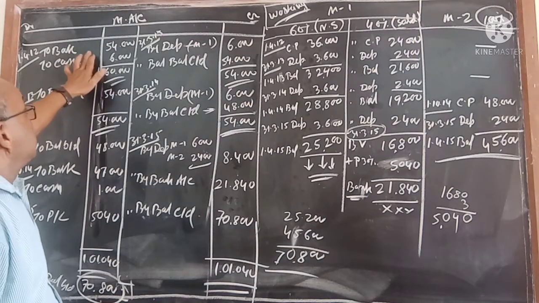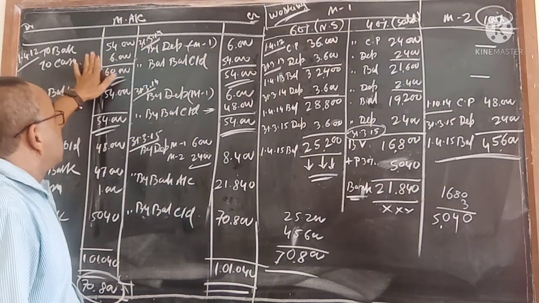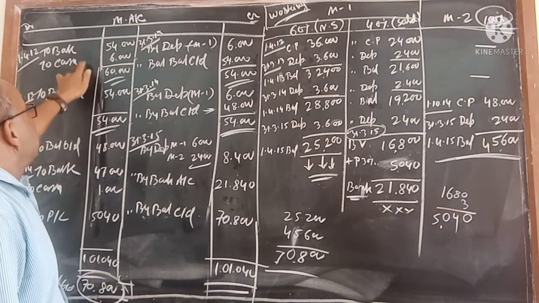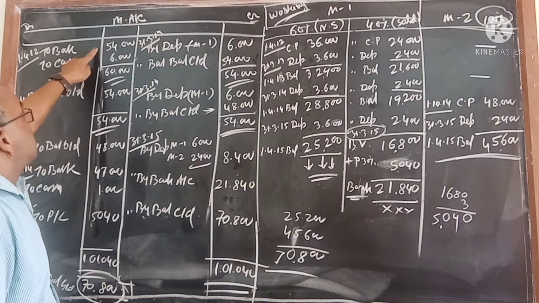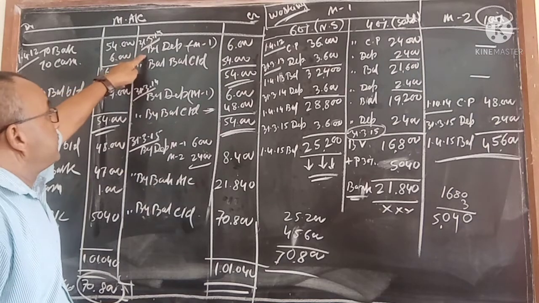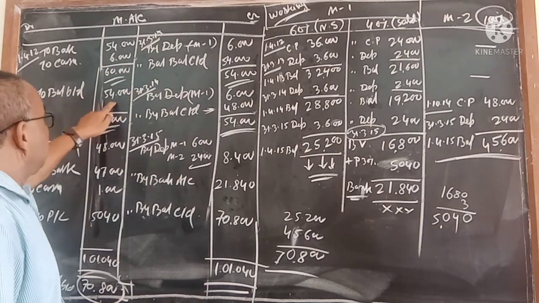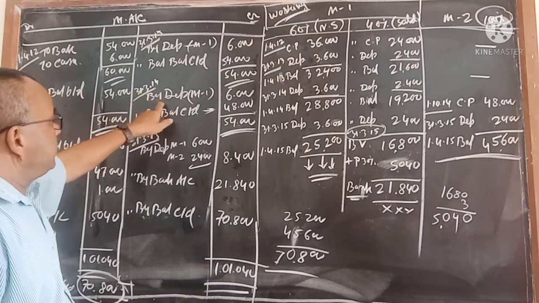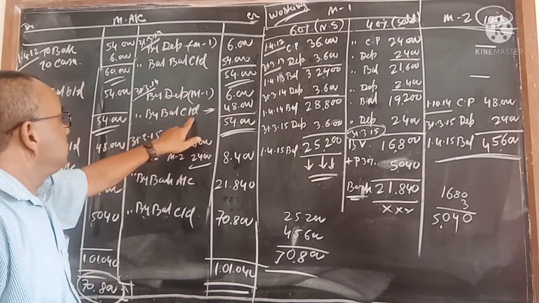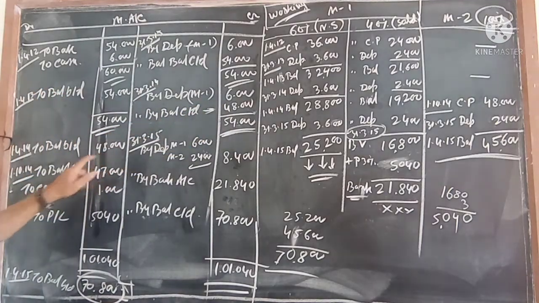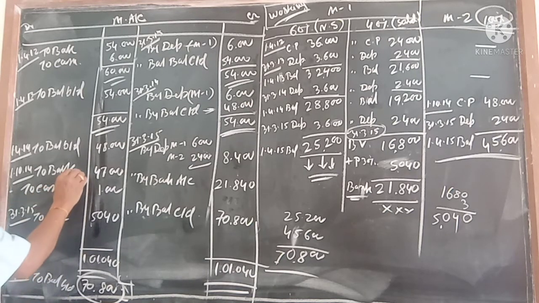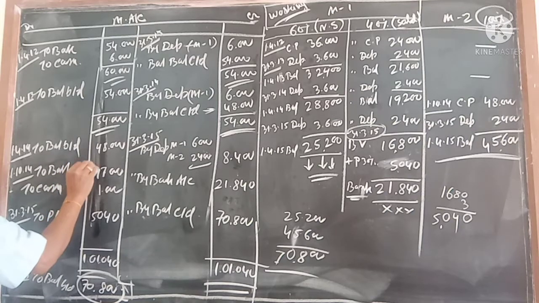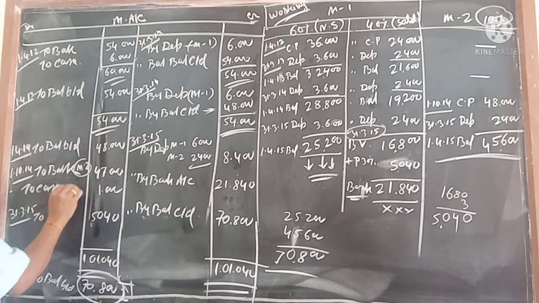First year, first machine, purchased, bank, cash, cost price of the machine, purchase price of the machine, installation charge, depreciation, balance carry forward. Second year depreciation 6,000, balance carry forward. Third year, this which I had forgotten to write, that is the second machine I have purchased, M2. This is M2 and this is also M2.